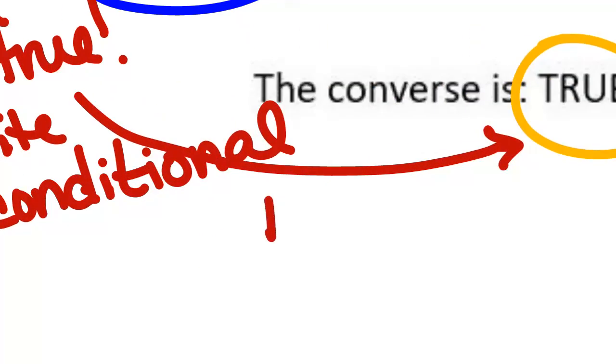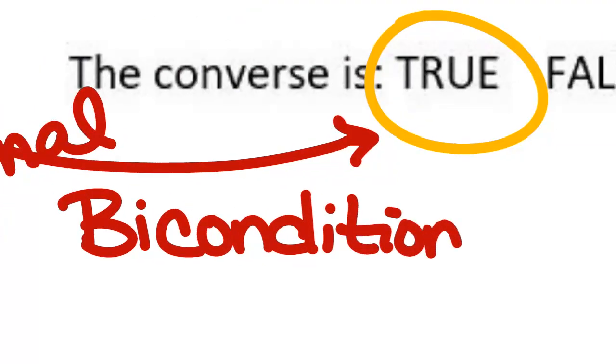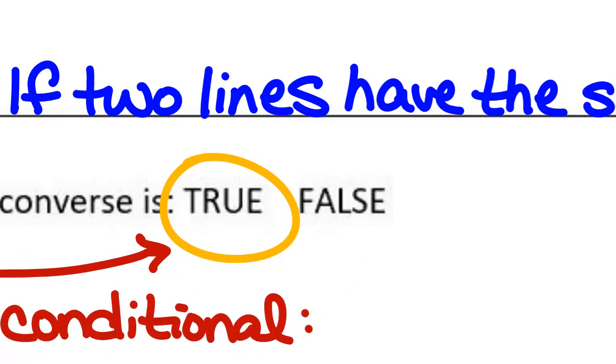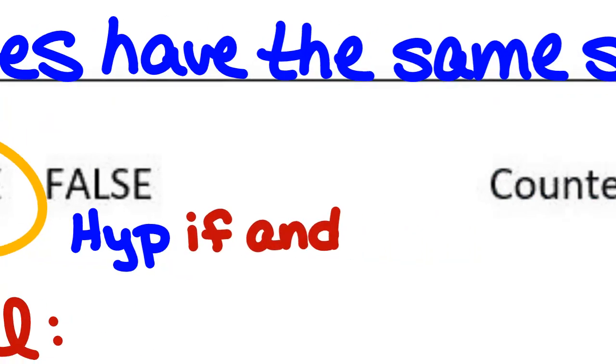So let's do that. We're going to write our biconditional statement. To write the biconditional, I need the hypothesis. Then I need the words if and only if.